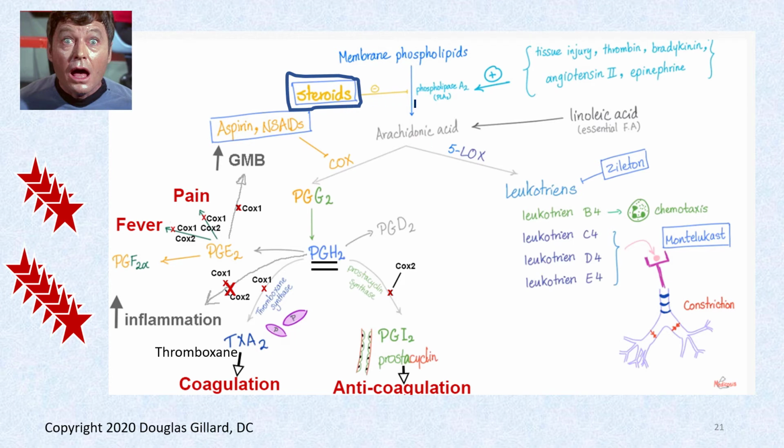Steroids bind to phospholipase A2 and stop this. So steroids snip this way up here, high in the bud. We talked about COX-1 and COX-2 inhibitors and their effect, but this is the ultimate. Prednisone and all of the gang are the ultimate because they can stop inflammation at the root level.